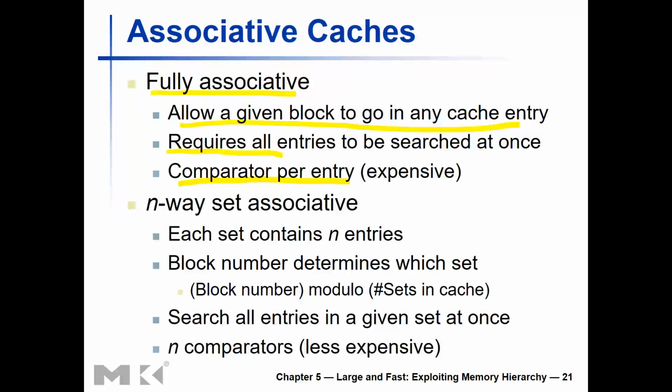On the other hand, in the n-way or the k-way, each set contains n entries. We looked at an example, I believe two-way. So every set in our previous example has 2 blocks, and the block number determines which set.